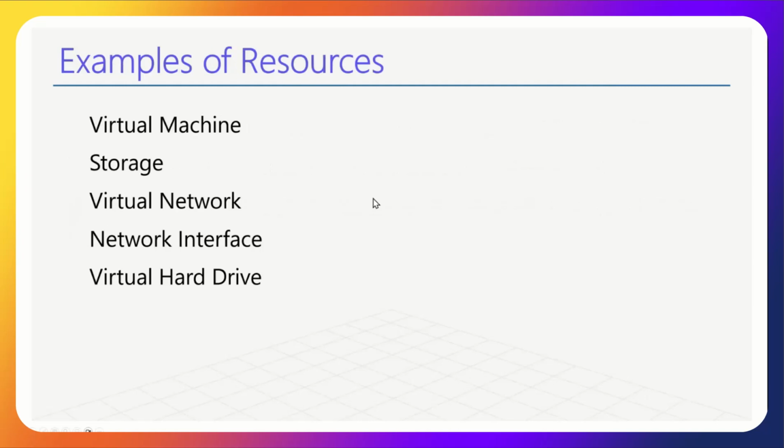Some examples of resources, like I said before, are virtual machines, storage accounts, virtual networks, and network interfaces. The important distinction is that a virtual machine and a network interface are 2 different resources, and I'll try to point that out. That is important, especially for virtual networking.